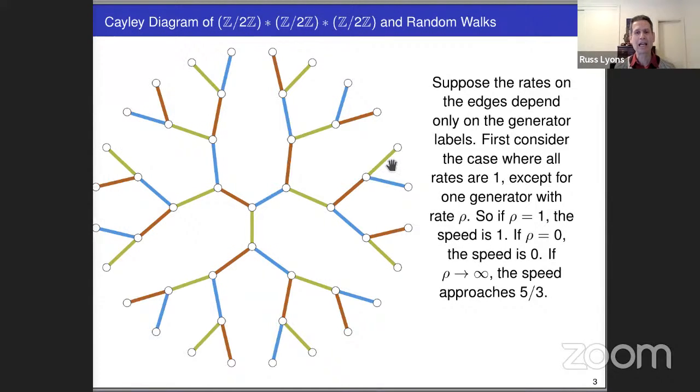Okay, nevertheless, we have 3 data points here for varying rho: 0, 1, and infinity. And we see that it's increasing for these 3 points in rho. So is that a general phenomenon? Is the speed increasing in rho? And by thinking about that case when rho is large, hopefully you've seen that this is actually not so obvious, because what happens when rho increases?